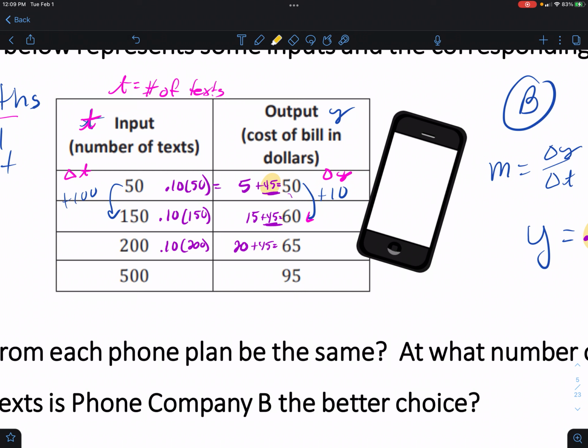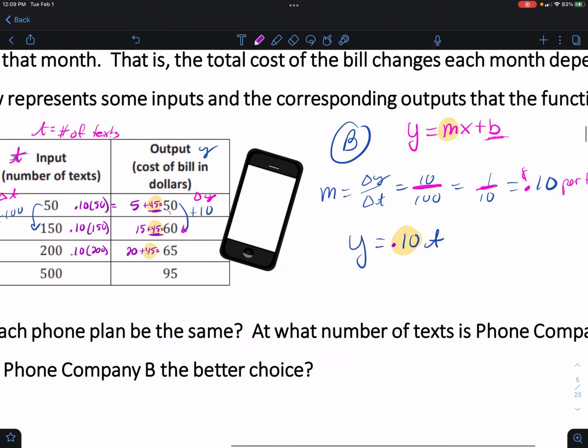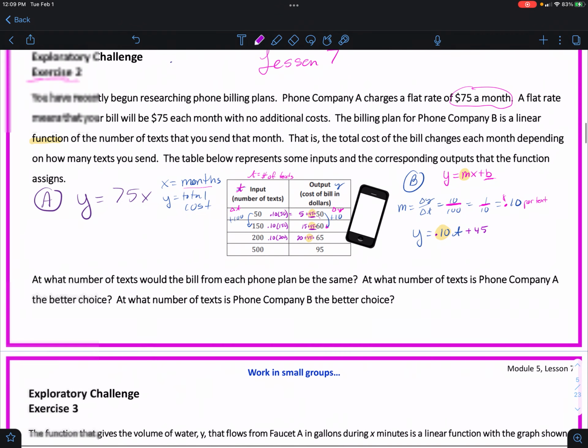So we're missing a starting amount of 45 here. So our equation should really be 0.10t plus 45. And we can verify this by plugging in the numbers like I did to show that we actually should get 50, 60, and 65.